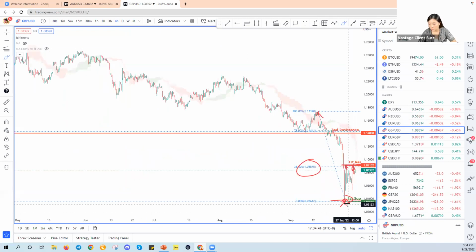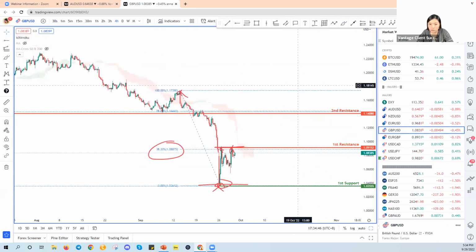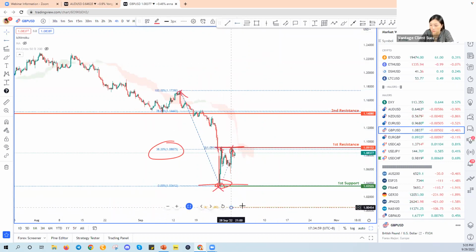Yeah, it's about there. Okay, so it wouldn't make much difference. I couldn't draw a second resistance, but let us try to put a projection forward. Okay, I could do this. Okay, projection from here to 3 points. I could do this. This would be my second support.